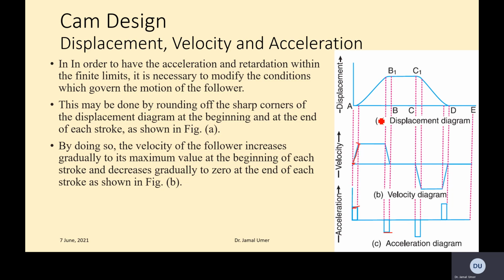So we got one of the categories for the rise as well as for the return. When you look at this one on the displacement curve, it looks more like rounding off the edges. It is just like rounding off edges.